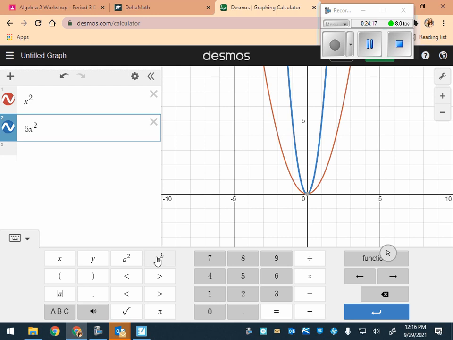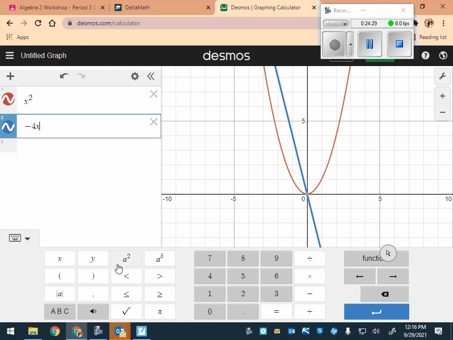Yeah, Grace? Negative 4. Those of you that haven't done negatives, what's one big change that we saw with a negative in front? Yeah, Charlotte.